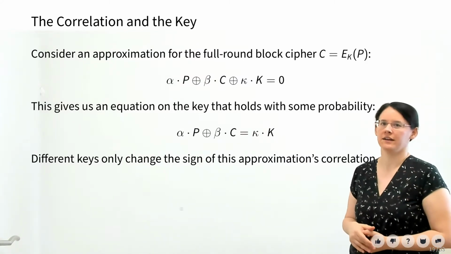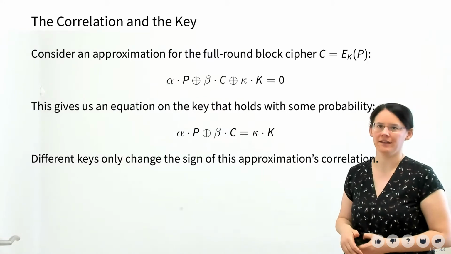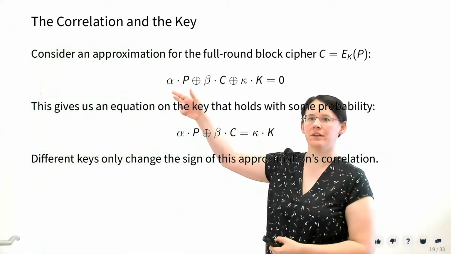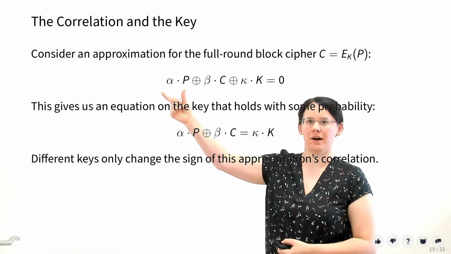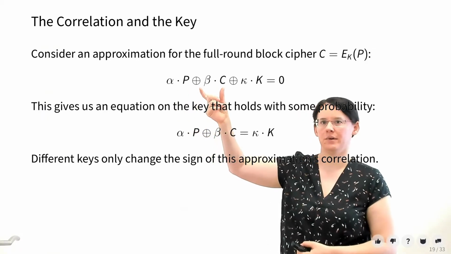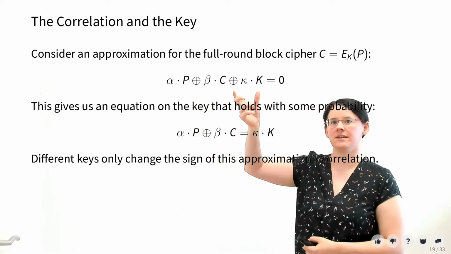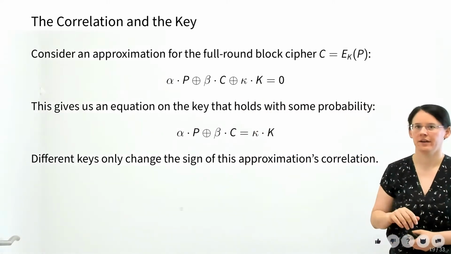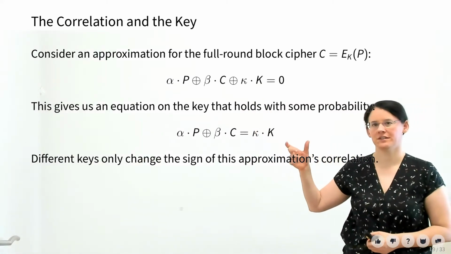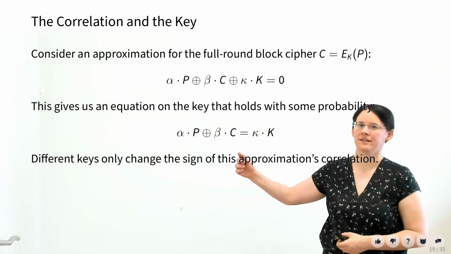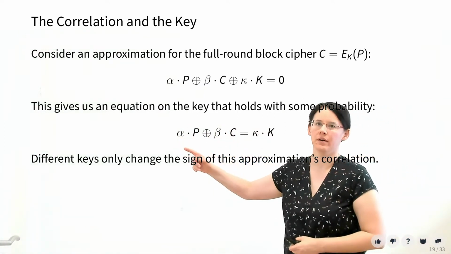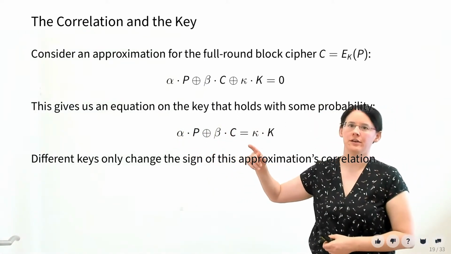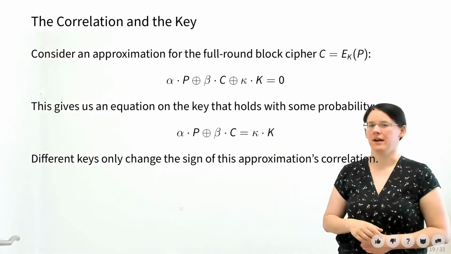We can get an approximation for the full cipher, meaning some 1-bit equation that links a mask times the input plus a mask times the output plus a key mask times the key. And if I restructure this equation, I can also rewrite it as an XOR of some known values equals the XOR of some unknown values.